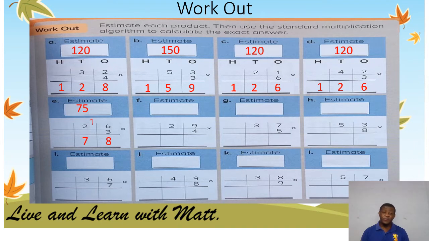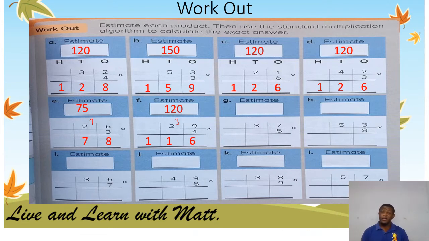Part F, 29 times 4, so we estimate it to be 30 times 4, which is 120. Now 4 times 9 is 36. Write 6, carry 3 forward. 4 times 2 is 8 plus 3, that is 11. So we have 116.